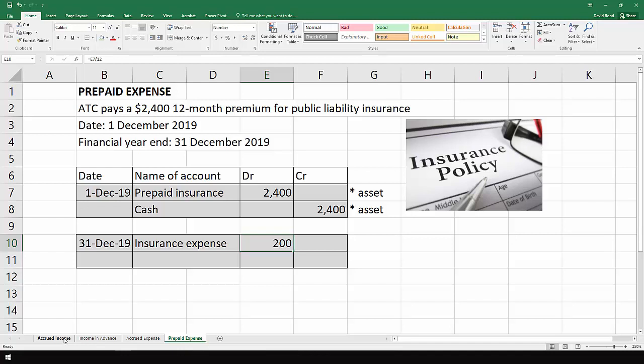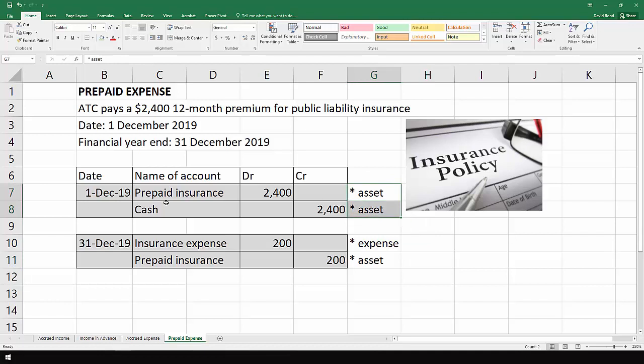But the important thing is you're only recognizing an expense of 200, even though you have actually spent 2,400. And prepaid insurance is 200 as well. And this is the asset reducing.